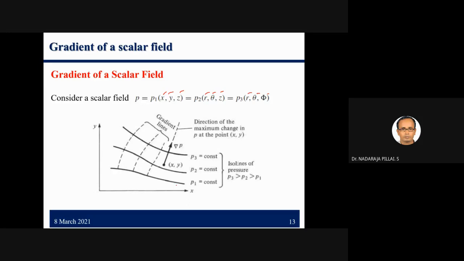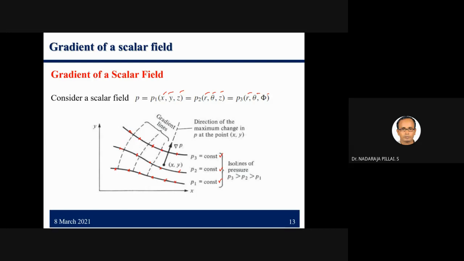Now, in this xy plane, consider P1 is constant, P2 is constant, and P3 is constant. Here, P1 is the same pressure at all the points. Then you draw a line and say that the line is where P1 is constant. Similarly, P2, and similarly P3, you can draw a line.